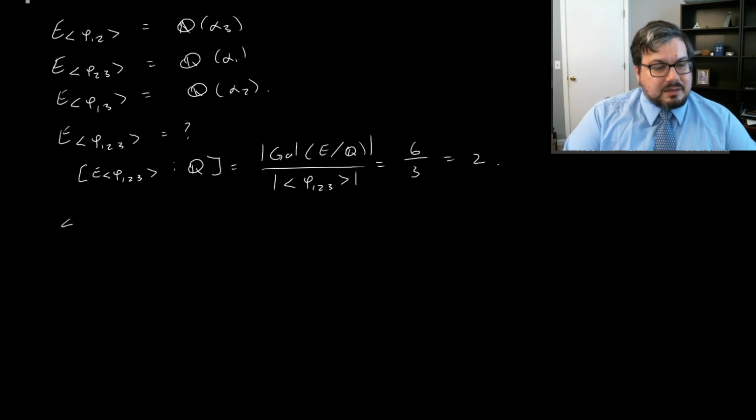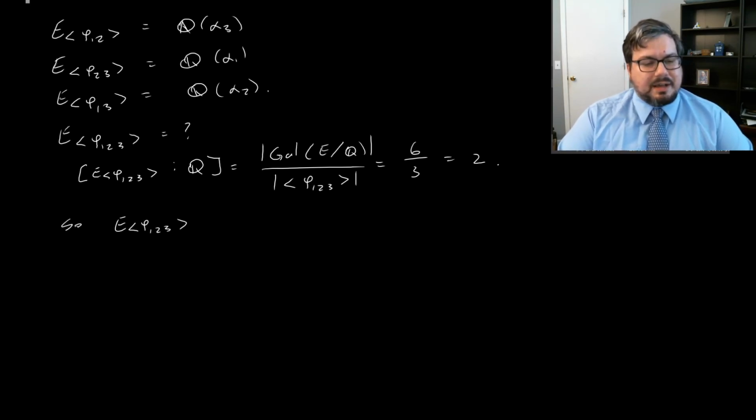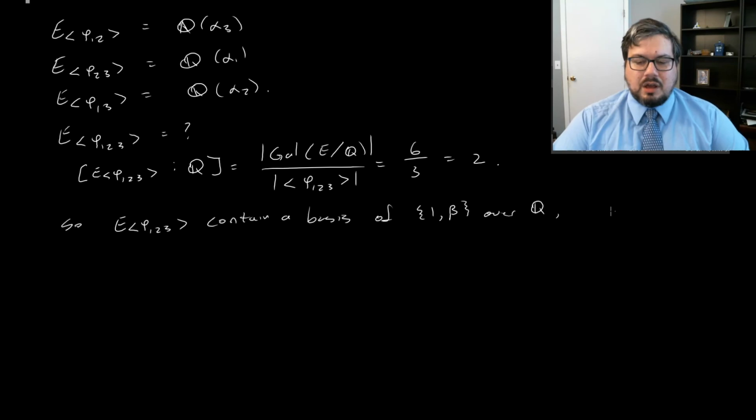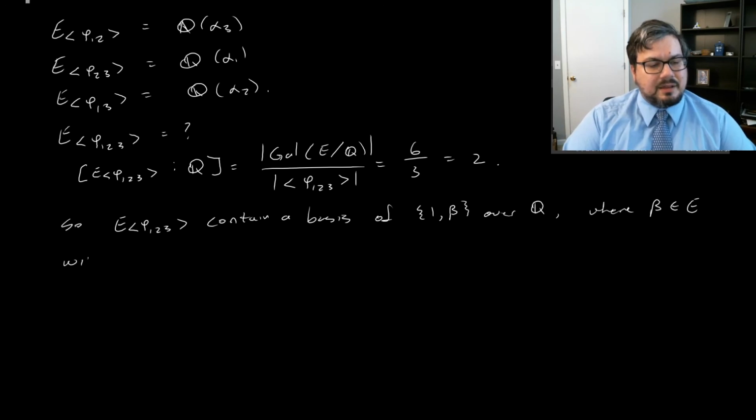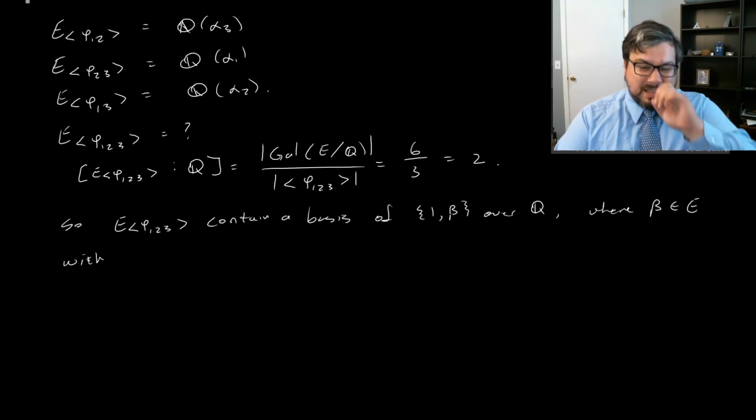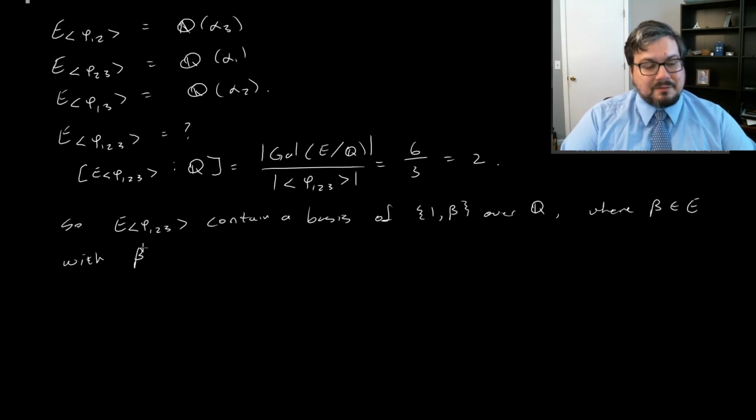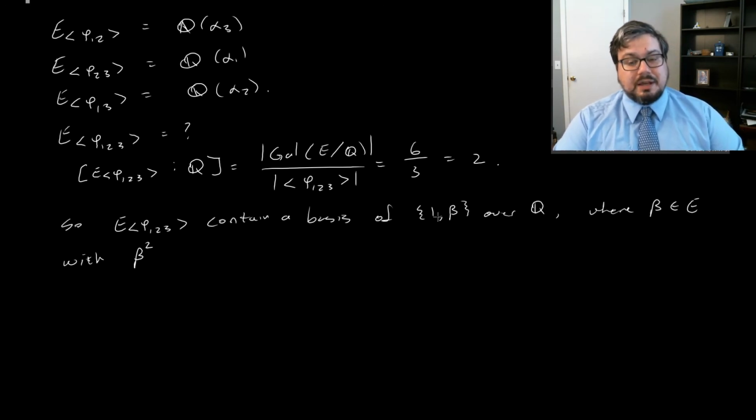This means that this fixed field will contain a basis of 1, beta over Q, where beta is some element of E, and because 1, beta has to be a basis over Q, we must have that beta squared belongs to the span of the elements 1 and beta.